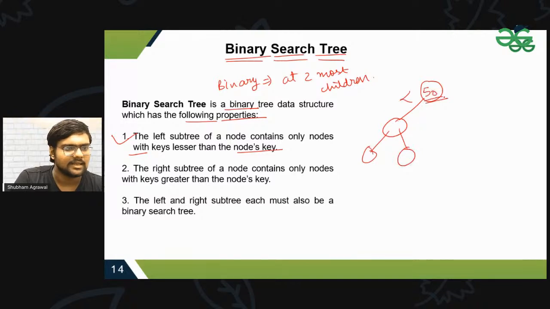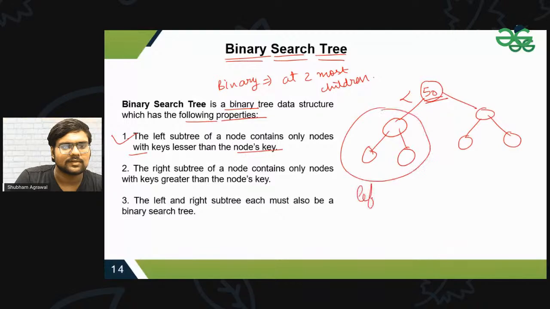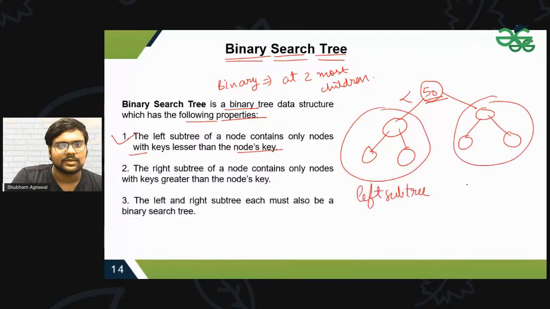And in the right subtree, the nodes contain only keys greater than the node's key. So if it is a left subtree, the left subtree's nodes contain values less than 50, and here it is a right subtree. So every node in the right subtree should contain a key which is greater than 50.